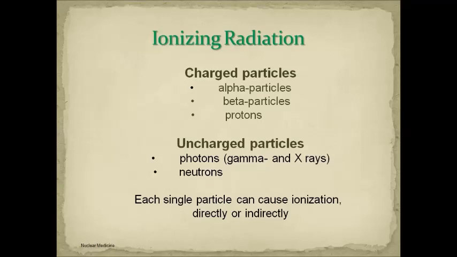Ionizing radiation used in nuclear medicine may be presented as charged and uncharged particles. Charged particles are alpha, beta, and protons, and uncharged are photons, or gamma and X-rays, and neutrons.